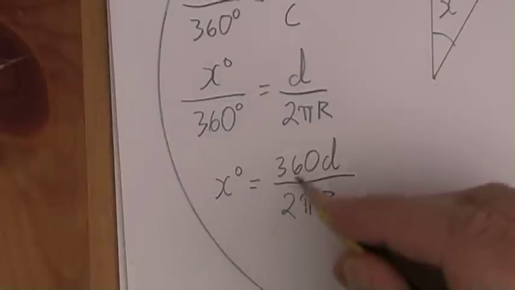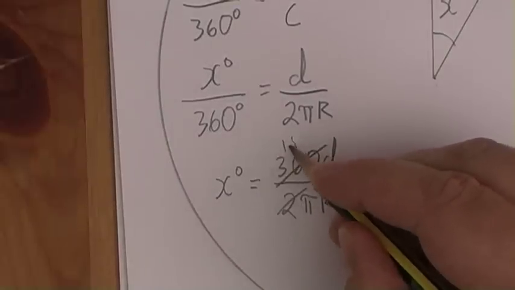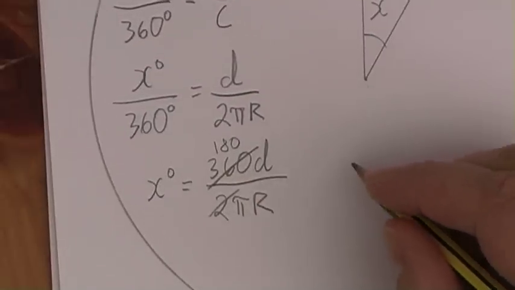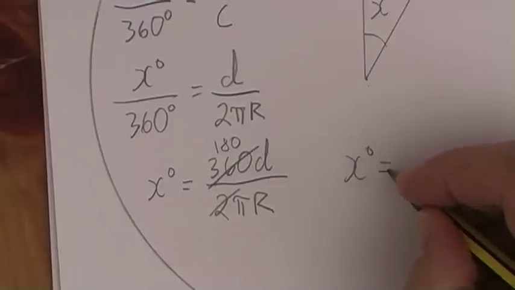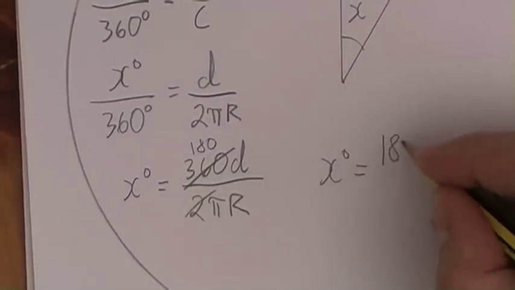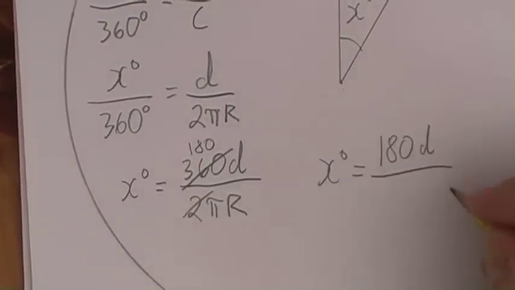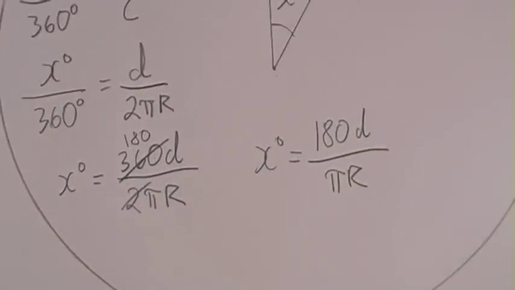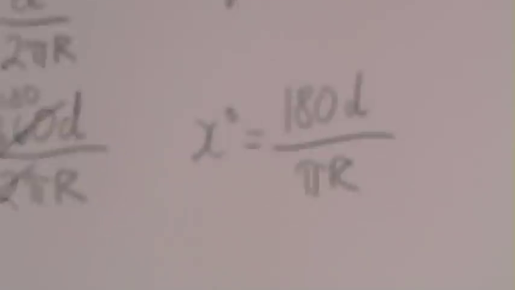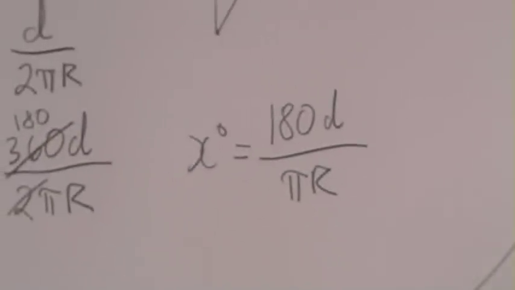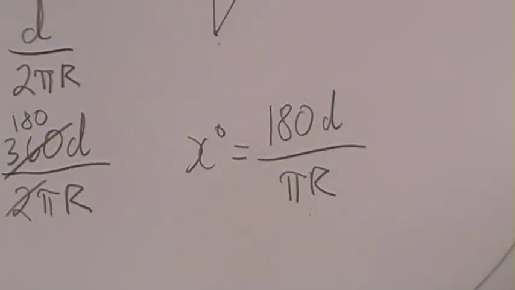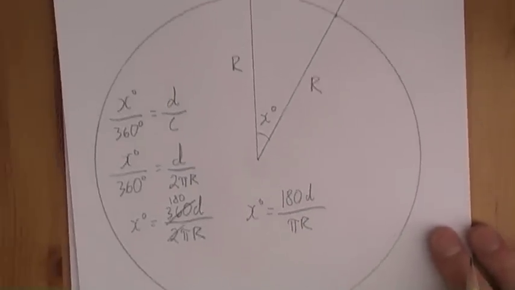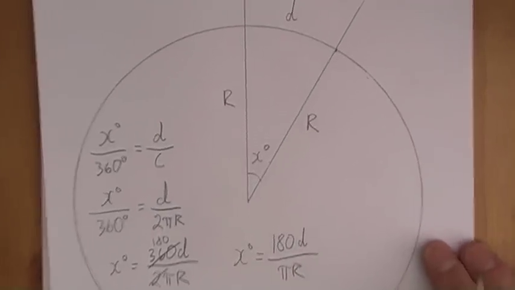And if we cancel, we get that x degrees equals 180d over pi r. Okay, so that's a nice little formula that tells you what the angle would be between two vertical structures a distance d apart on the surface of a sphere.